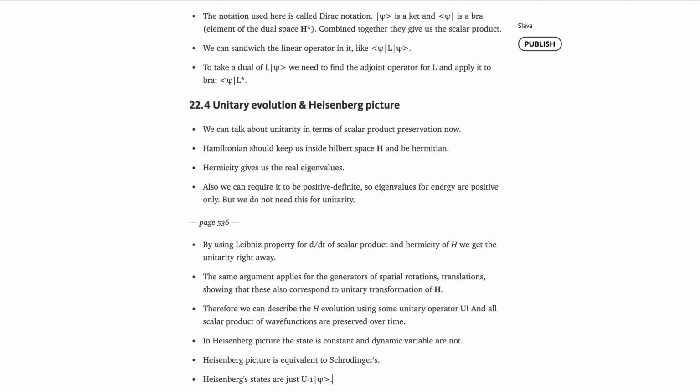So while doing the unitary evolution by the Schrodinger equation, that thing will always stay constant. And yeah, so probably I will leave it as it is.